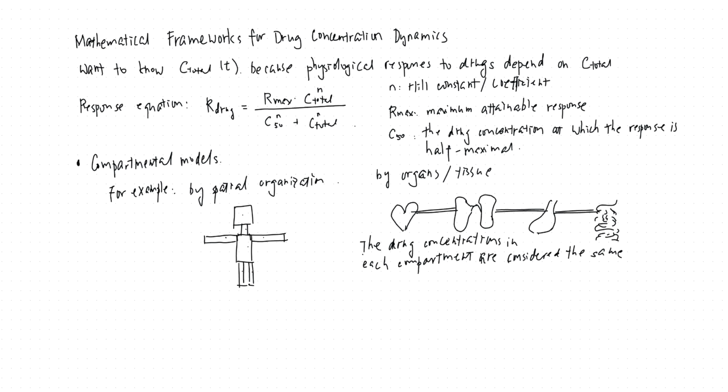That means we don't further divide the stomach into different sections, saying section one has one concentration and section two has another. No, we don't do that. We just say each organ is the entire thing, and the concentration in each organ is the same. But different compartments in general have different concentrations.